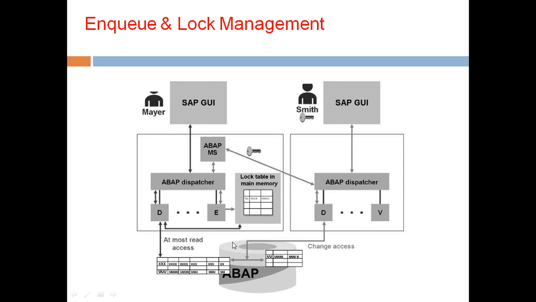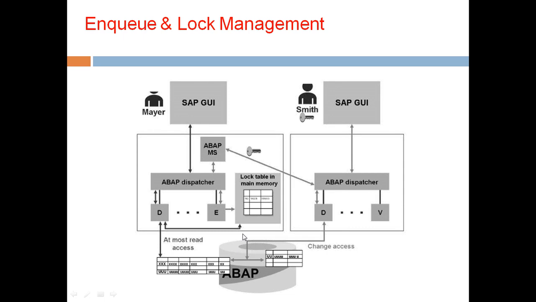It checks whether a new lock can be generated, that is, whether there is a collision with the locks that have already been set. If a lock can be set, the dialog work process creates it and the lock owner is given the lock key. The lock key is kept in the user context in the shared memory.